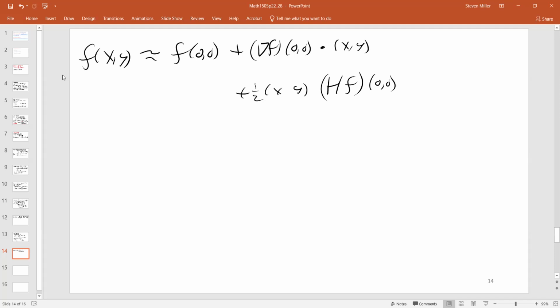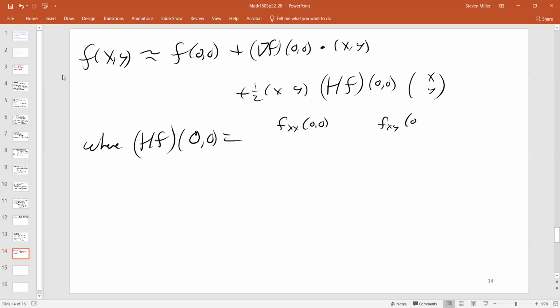That was our matrix, where the Hessian of f at 0, 0 was the second derivatives of f at 0, 0, and since it's symmetric, I can just write it the same way. And so there should be a second derivative test involving the Hessian. So I need to understand the second term to determine if I have a maximum or minimum.